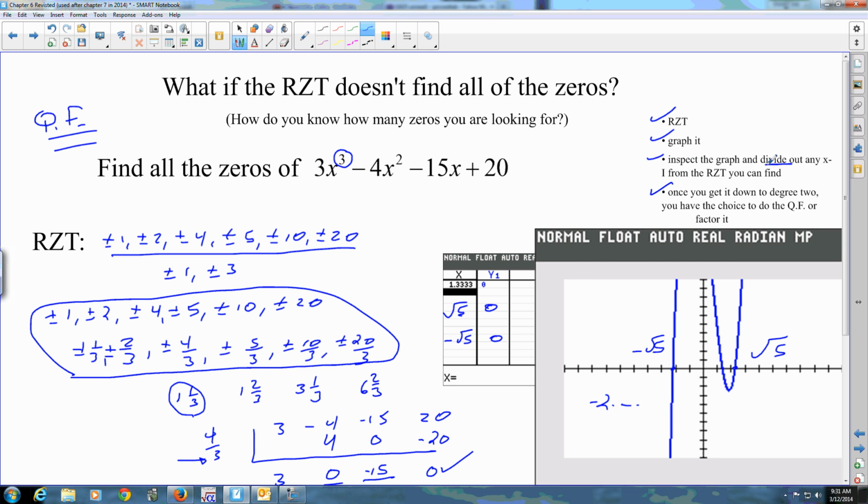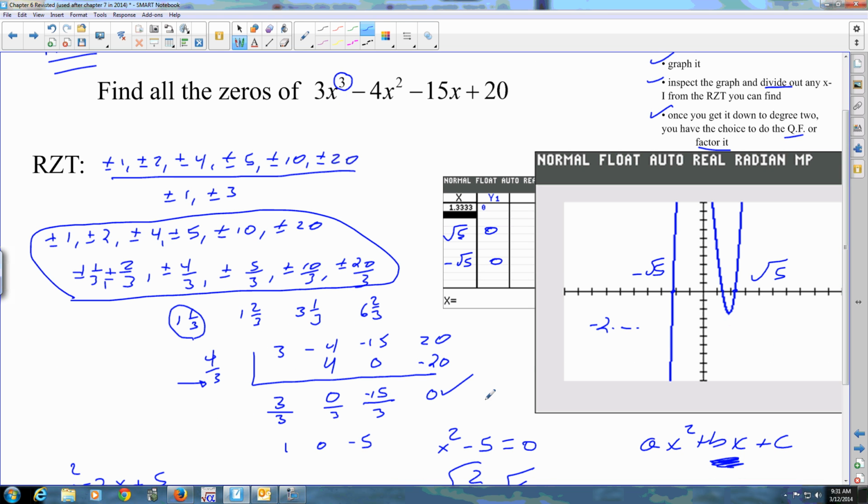If you can't find them all, then you have to divide them out, like we did here. Look at what's left, and you have the choice. You could factor it, you could do the quadratic formula, or in this case, we extracted the root. But the point being, you had to get it down to degree 2, so you had some other tools you could use. Okay? So that's the recap of Chapter 6.